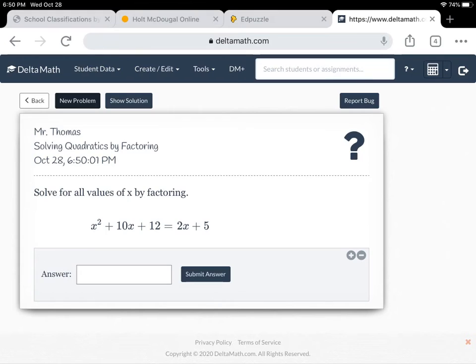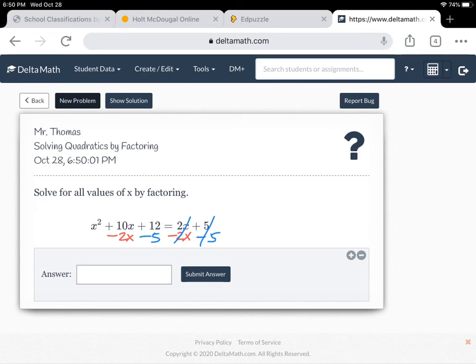Finally, we're going to do some solving, okay? So solving by factoring, you want it in standard form, and you want it equal to 0, okay? So in this case, I've got to combine my like terms. So I'm going to subtract 2x, and then I'm going to go ahead and subtract 5 too.